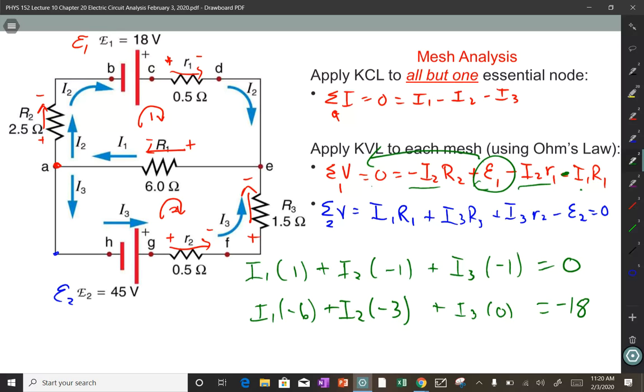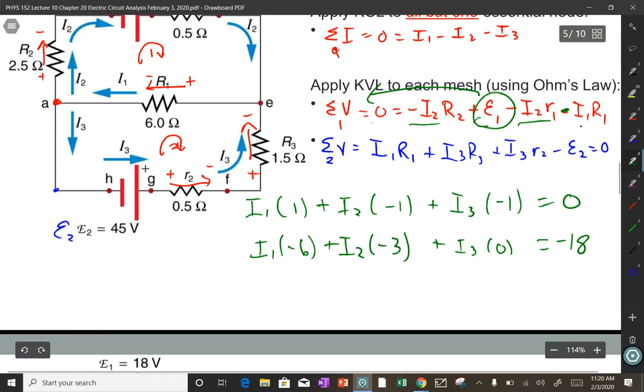Final equation. For the final equation, I have I1 times R1, which is 6 ohms, plus I2. And what is I2 multiplied by in equation 2? 0. Nothing. Plus I3. What is I3 multiplied by in that equation? R3 plus R2. Okay, I3, I'm looking at the wrong equation. R3 and lowercase r2, so that's 1.5 and 0.5, which is 2.